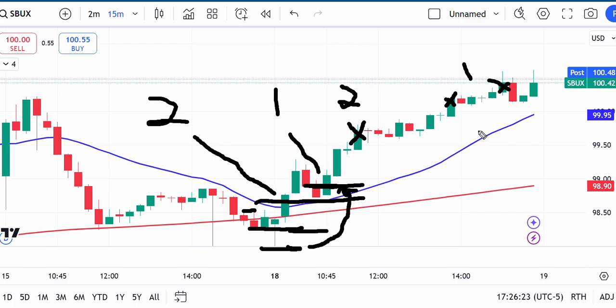Keep in mind, this is a template for any financial instrument. However, if you were truly looking to make money with Starbucks, this was how you should have played it today. And this template can be applicable, again, to anything: Bitcoin, futures market, whatever you're trading, whatever you're into. Follow this simple concept.